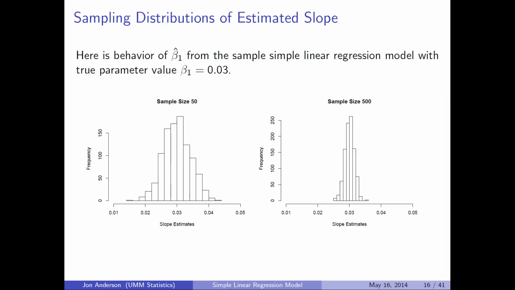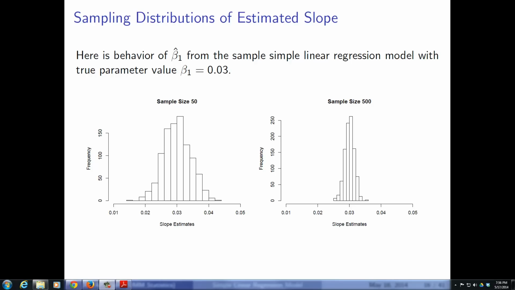Here is a demonstration of what I've been talking about. I've set up a data creation system on a computer where the real underlying slope, the rate of change, is a value of 0.03. And I created data sets and scatter plots.